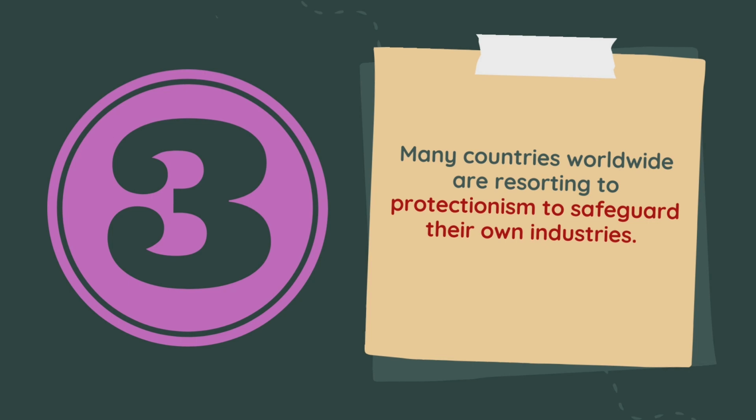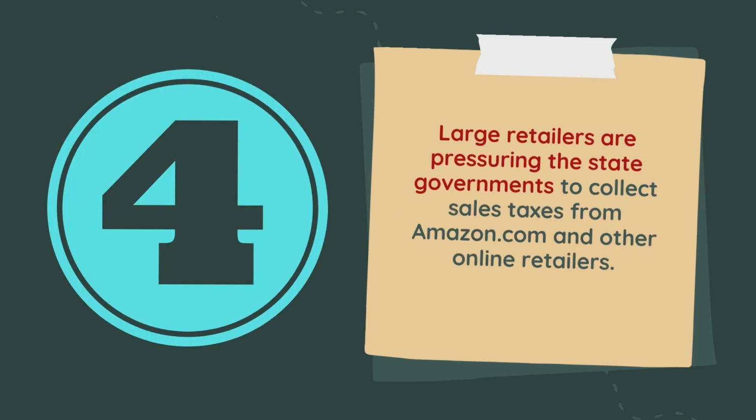Many economists point out that the current trade constraints make it harder to replace the global recession with growth, and large retailers are pressuring the state governments to collect sales taxes from, for example, Amazon.com or other online retailers. A political debate is raging in the US concerning sales taxes on the internet.